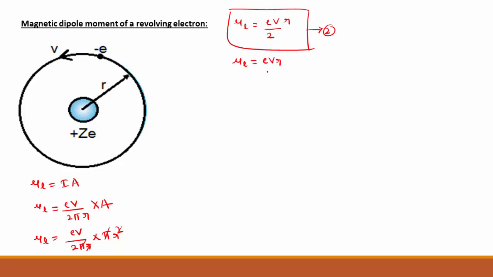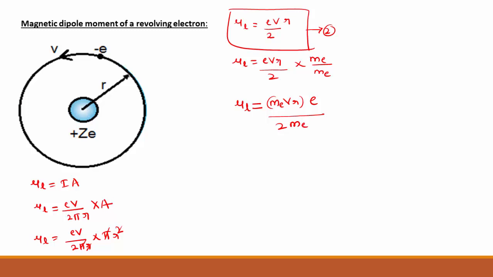You know the formula, the angular momentum L is equal to mvr. Here there is no m value, so multiplying and dividing by the mass of the electron, we get the value. The magnetic moment associated with the revolving electron mu l is equal to me into v into r into e divided by 2 into me.